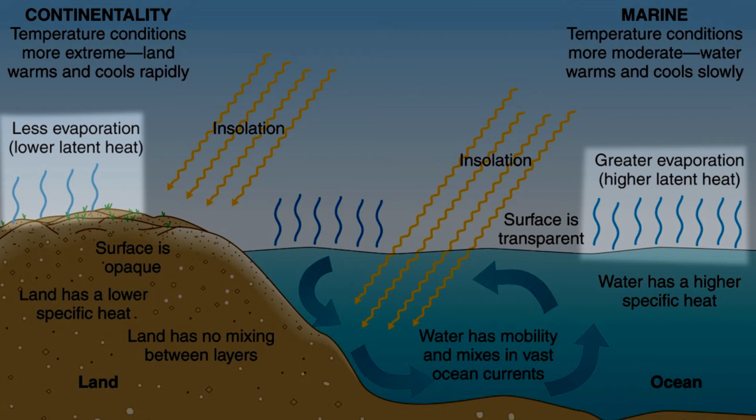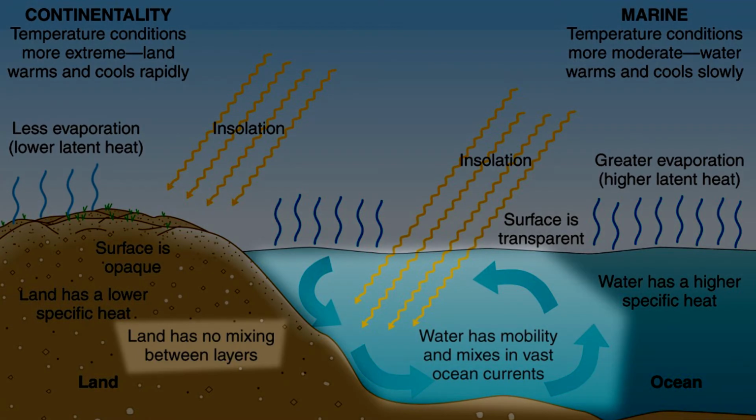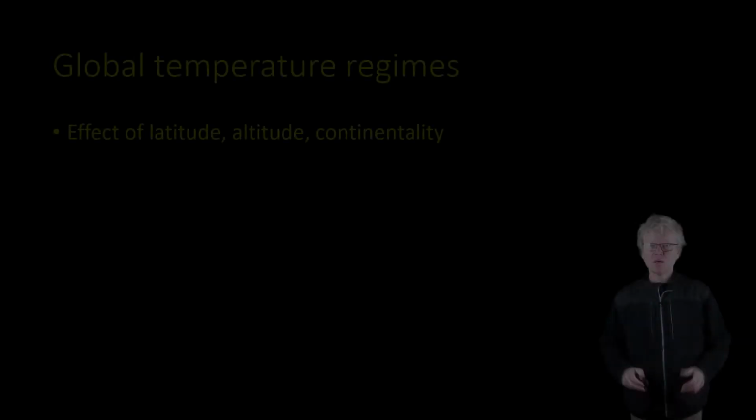And the other reason is that water moves. There are ocean currents, there are waves, and that circulation transfers the heat energy through that body of water, whereas on land, it can't. So again, that incoming radiation is just used to increase the temperature of the sand near the surface that we can feel as sensible heat. All right, so it's these differences that actually drive our climate and our weather systems.